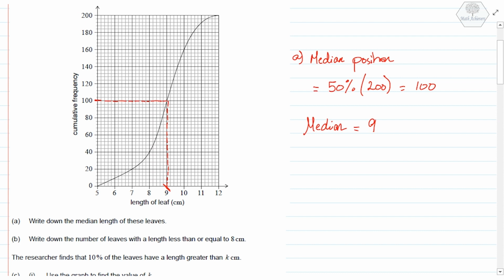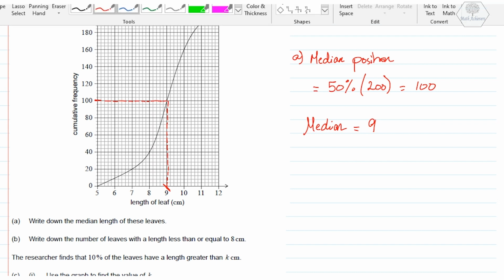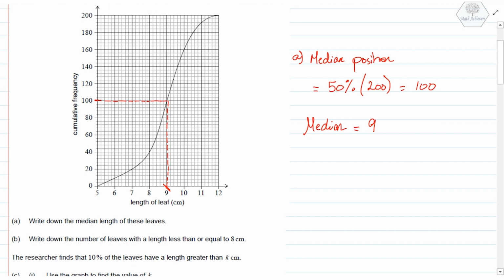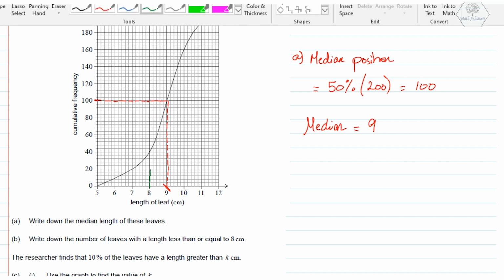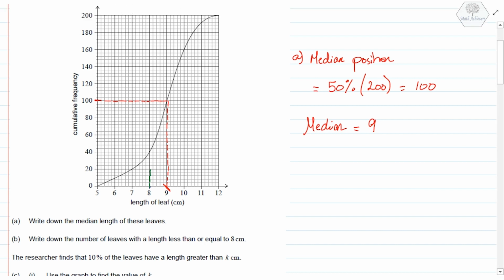Part B, write down the number of leaves with a length less than or equal to 8 centimeters. So now for part B, I have to go to the 8 centimeters. Let me choose another color. The blue, I hope. Okay.